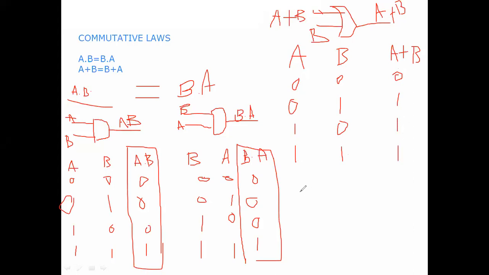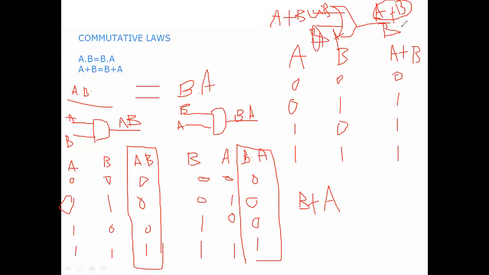If you take B plus A, then also we get the same. Here the first input is B and the second input is A, so we get B plus A. The truth table is also the same.